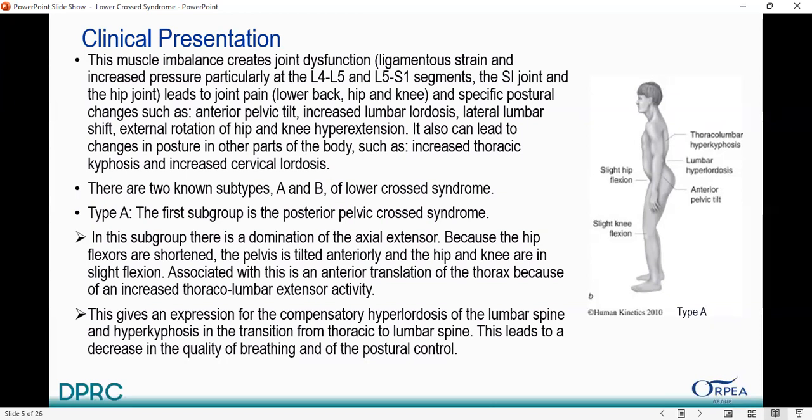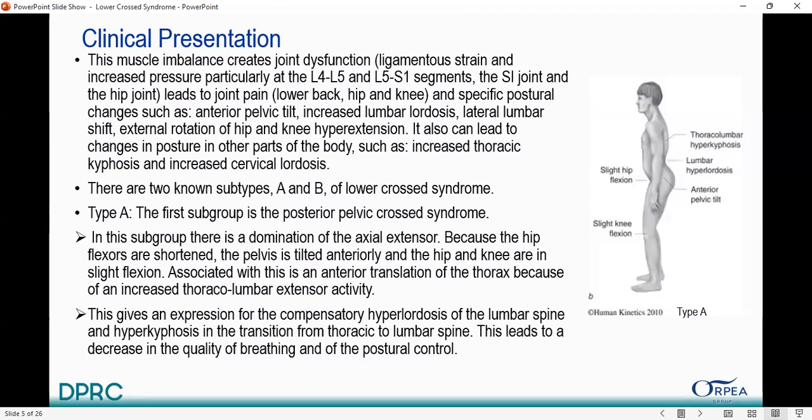There are two common subtypes, type A and type B. Type A is the posterior pelvic cross syndrome. In this subgroup, there is a domination of axial extensors because the hip flexors are shortened. The pelvis is tilted anteriorly, and the hip and knee are in slight flexion.